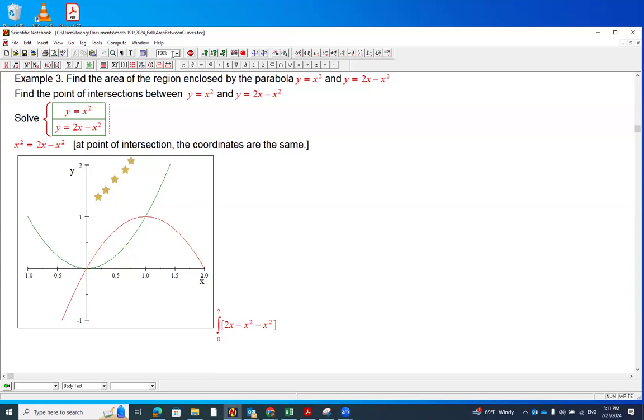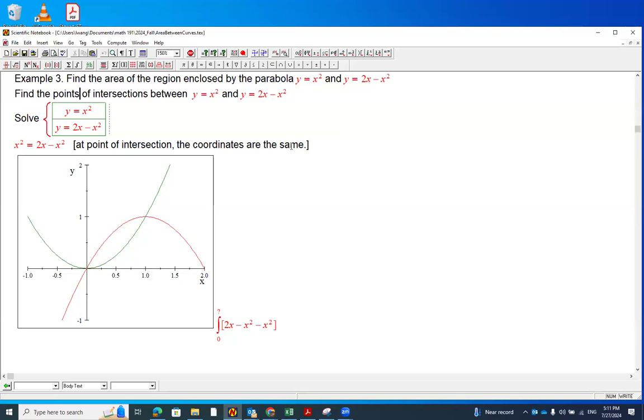Because we are looking for the point, or sometimes points, of intersection. So we assume x equals x, y equals y on both curves. All right, so let me get rid of those stars.